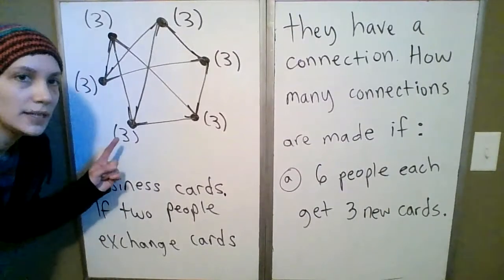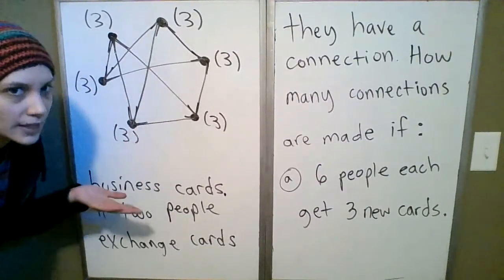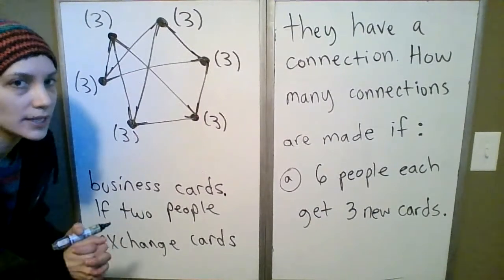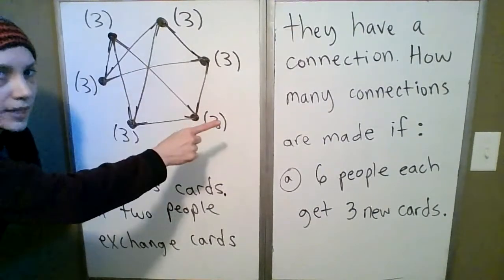Okay, so what we want is the number of edges in the graph, which we can count, but if the graph is messy, I would want to use the theorem, adding the degrees and dividing by 2.